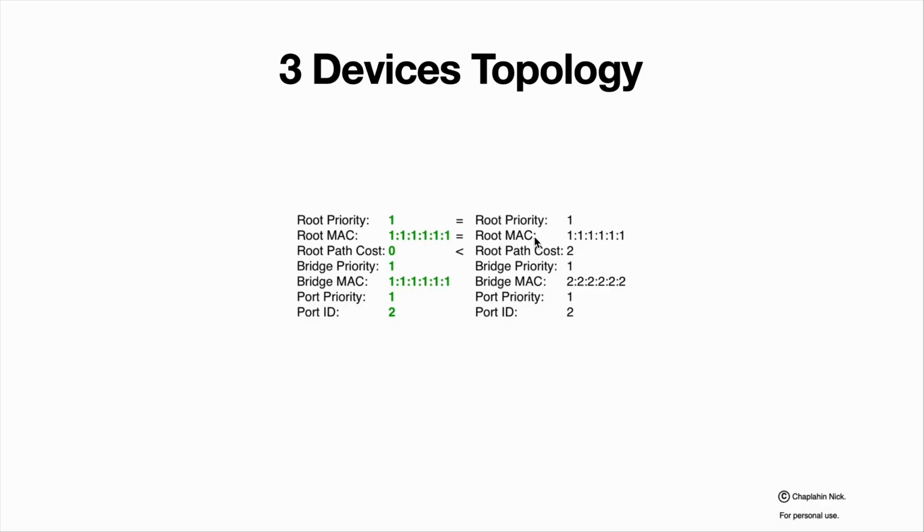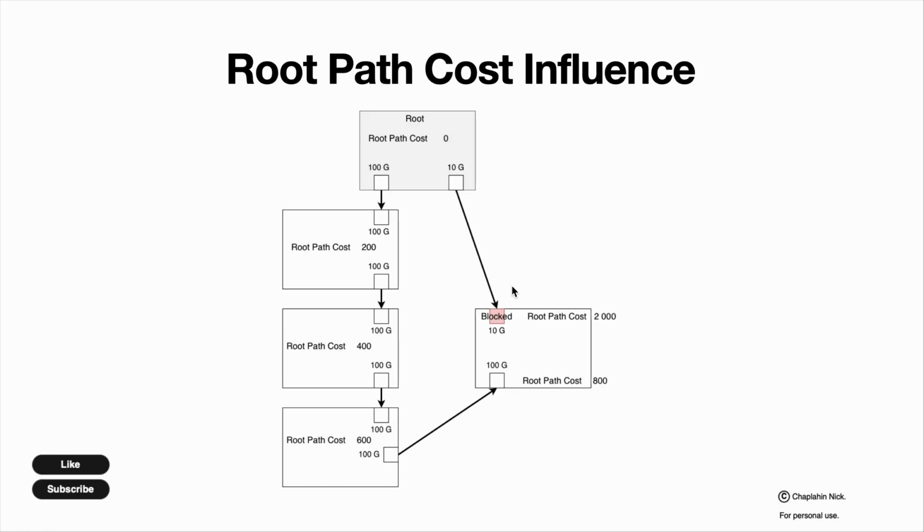Root priority same, root MAC same, port path cost, bam. Why is it important? Here and here, priority and root ID will be the same. The next value after the root identifier is path cost because it's most important. Just please remember that. This is very important, but pretty simple. This is how simple it is. Thank you. Have a great day.